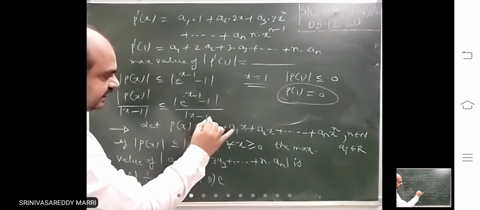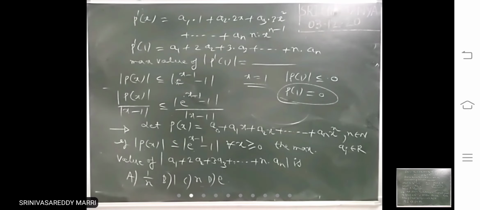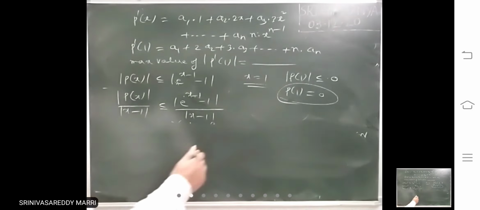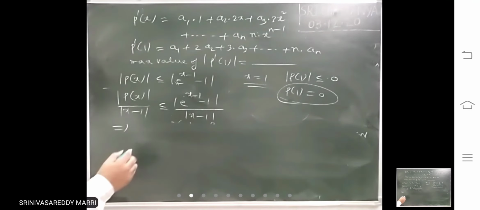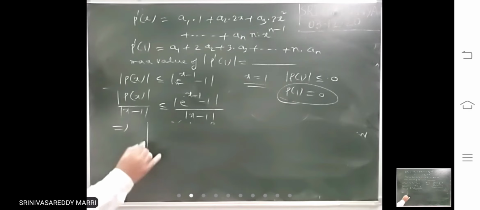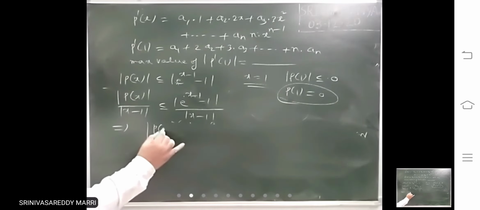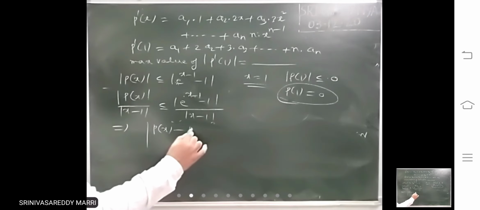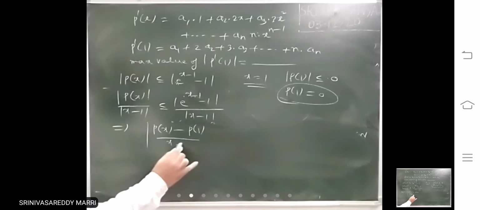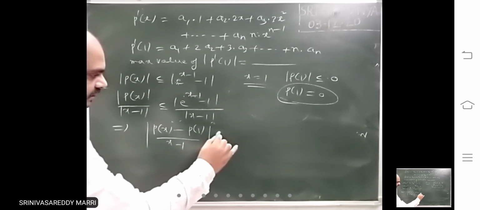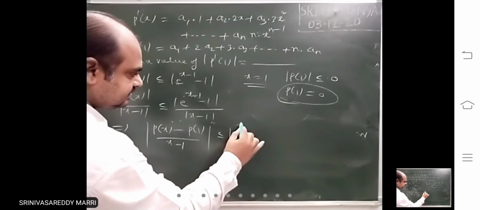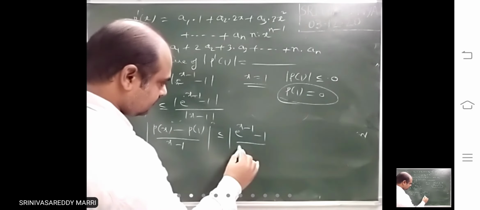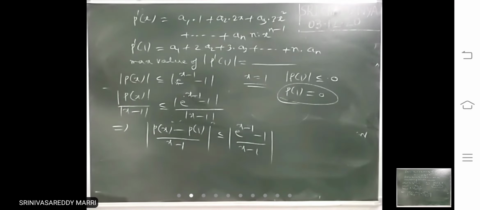So modulus of P(1) minus 0, divided by x minus 1, is less than or equal to modulus of this.